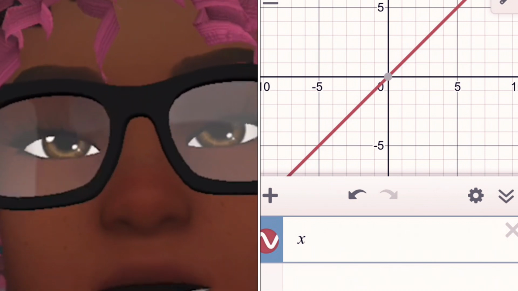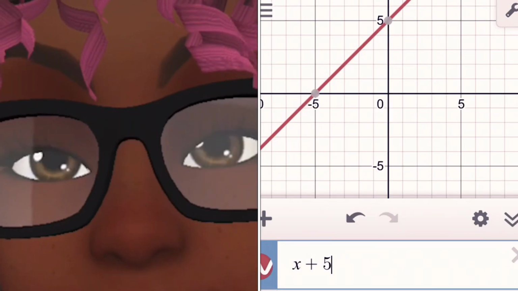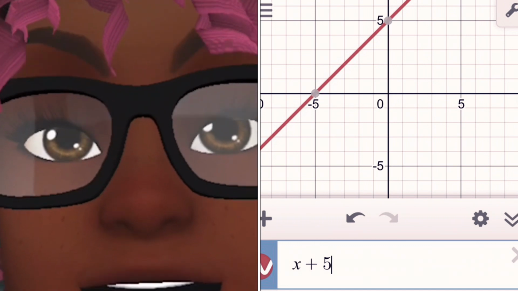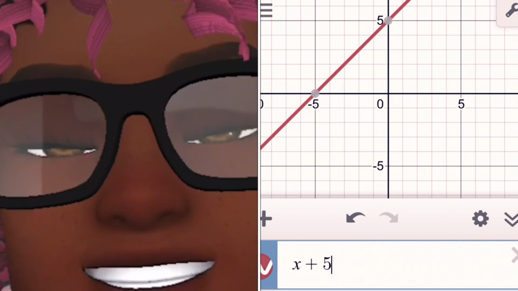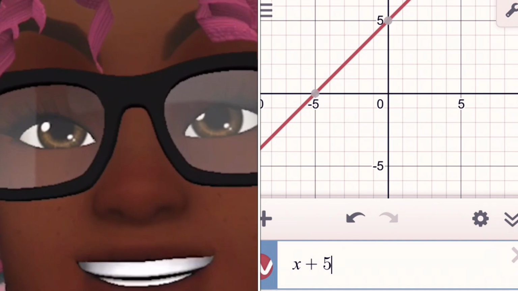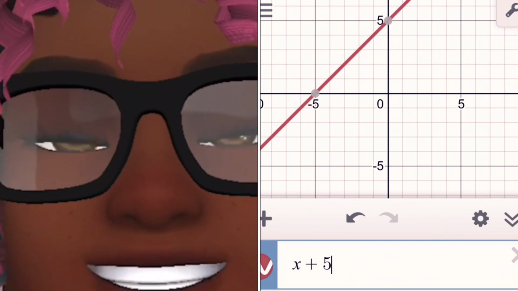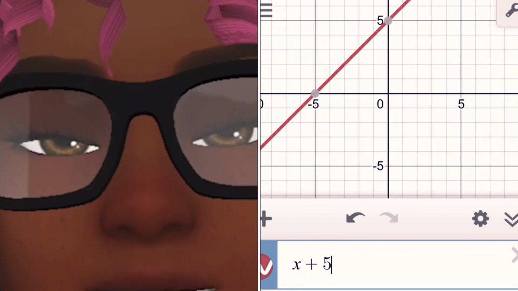And even if you add 4 or 5 to x, you're going to still have a line that's just going to cross through 5 on the y-axis. So it keeps that really simple.